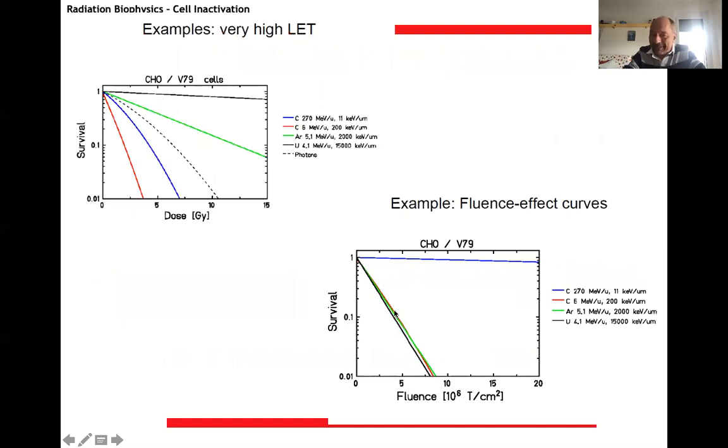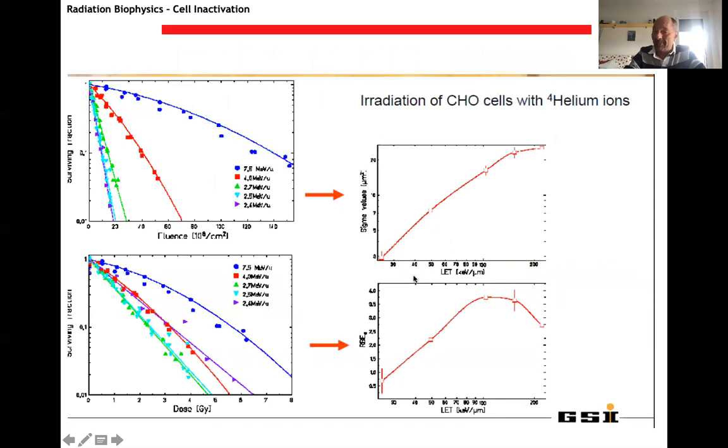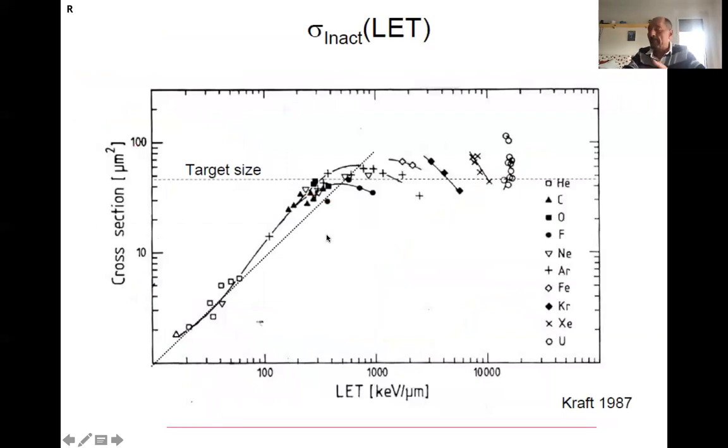You see the saturation of the curves. And eventually, this is what happens if now you translate. If you plot them as a function of the fluence, the cross-section will saturate. But if you plot them as a function of the dose, the RBE will go down. And in fact, this is what is observed.